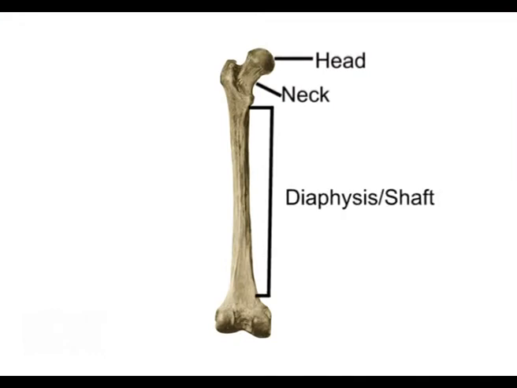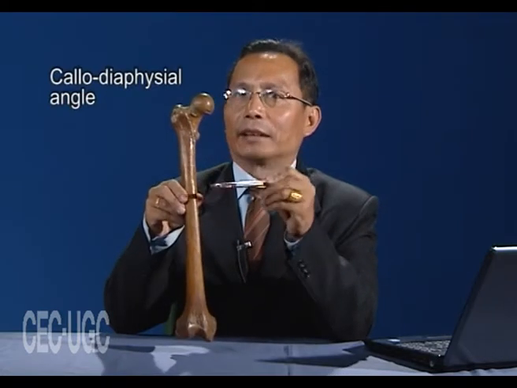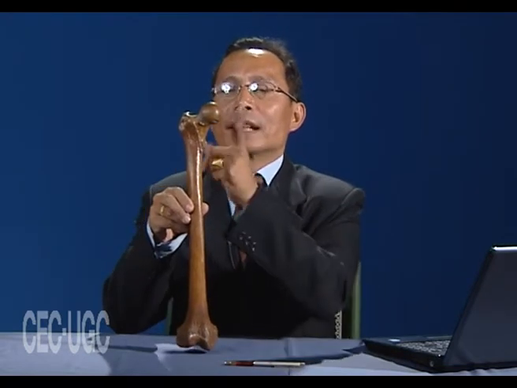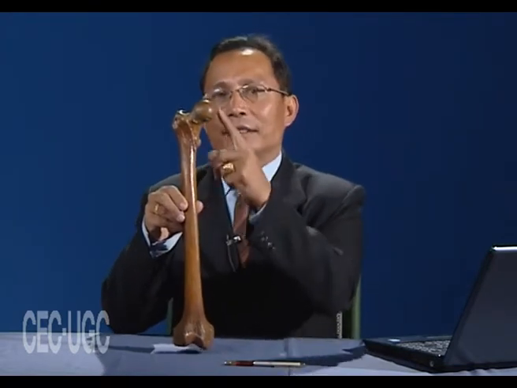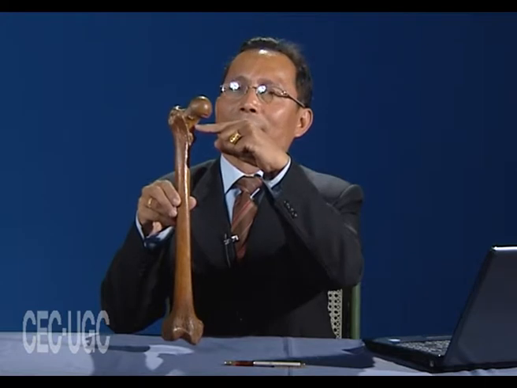Then another point is that, you see, this is head, and this part we call neck, and this is diaphysis, or what we call shaft. The angle formed by this neck and this shaft is called calodiaphysial angle. Calo means neck and diaphysial means shaft. Now, just assume if the angle is somewhere like this, that means a right angle, and the body weight presses from above, then naturally it will tend to break.